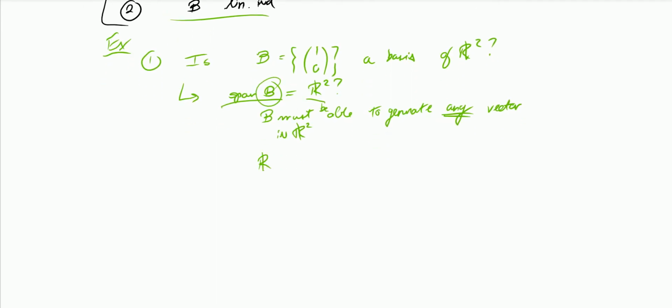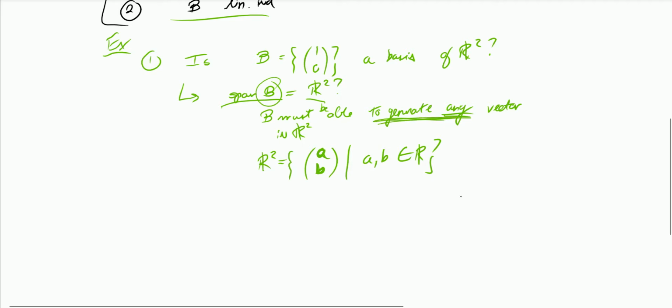R2 is equal to the vector (a, b), so with a component a and a component b, such that a and b are real numbers, so belong to the real numbers. So B must be able to generate any vector in R2.